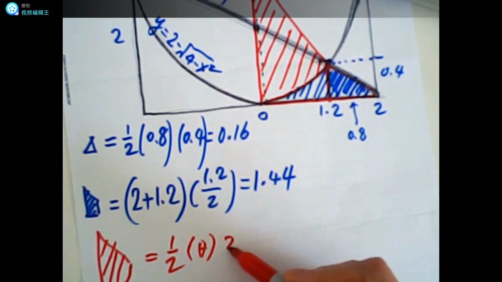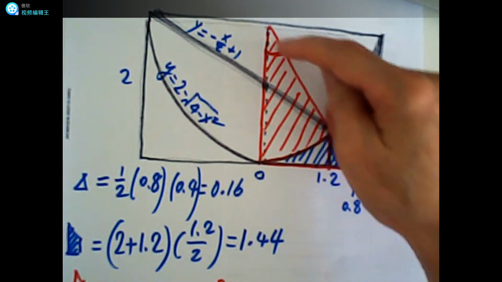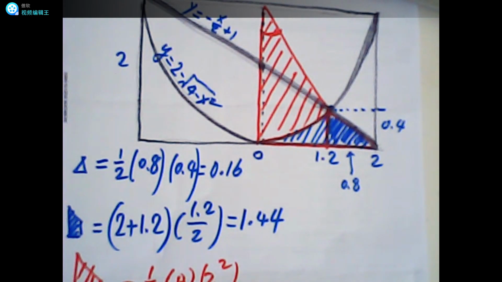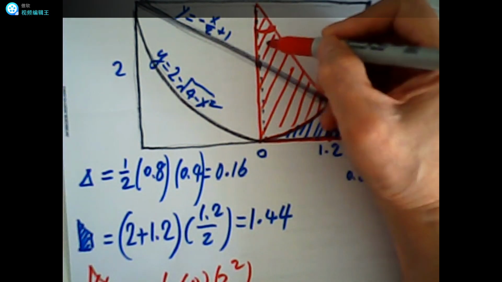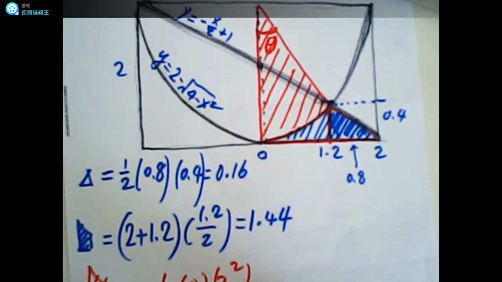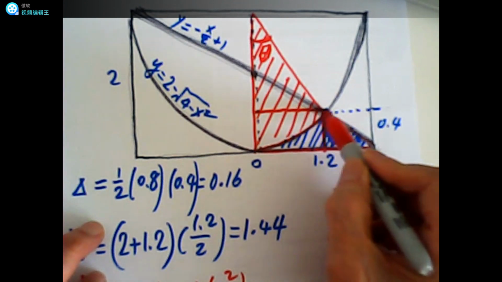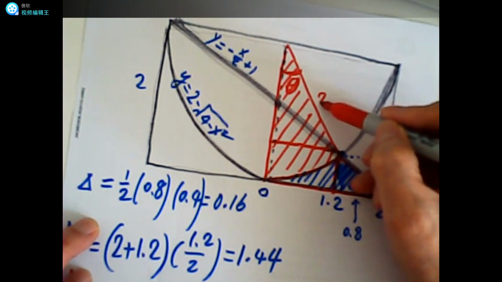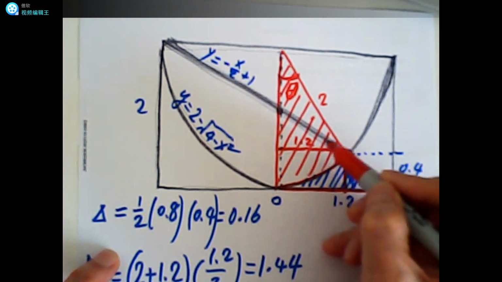The radius is 2, right? 2 squared. That's the area of the sector. That's the piece of sector, right? Yeah. Now, how to find this angle? This angle is not difficult. Look, this is 1.2, right? This is 2. This is 2.